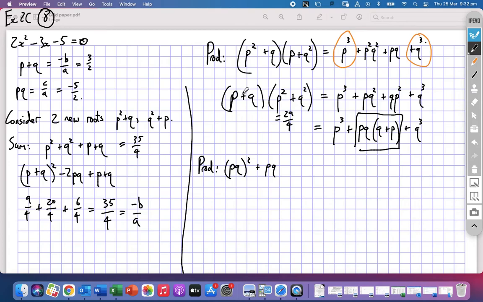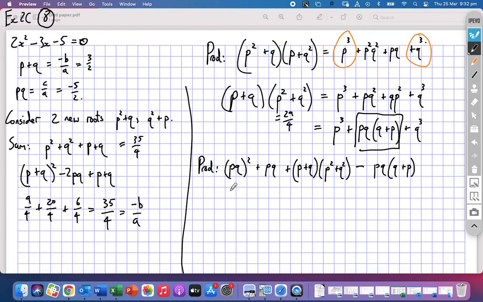I've changed that to p plus q times p squared plus q squared minus this one. Right. So this is p plus q times p squared plus q squared, this is awfully long, minus pq times p plus q. Wow, this is incredible.